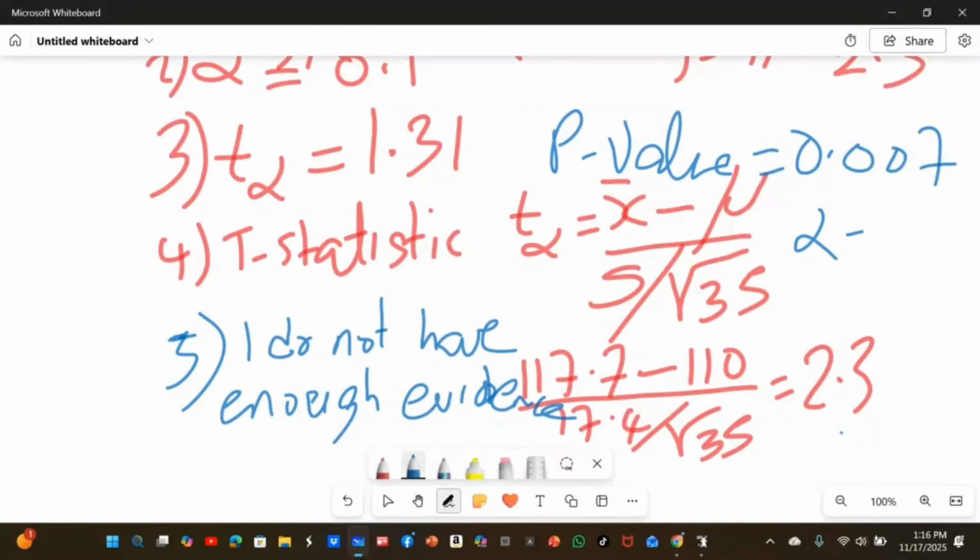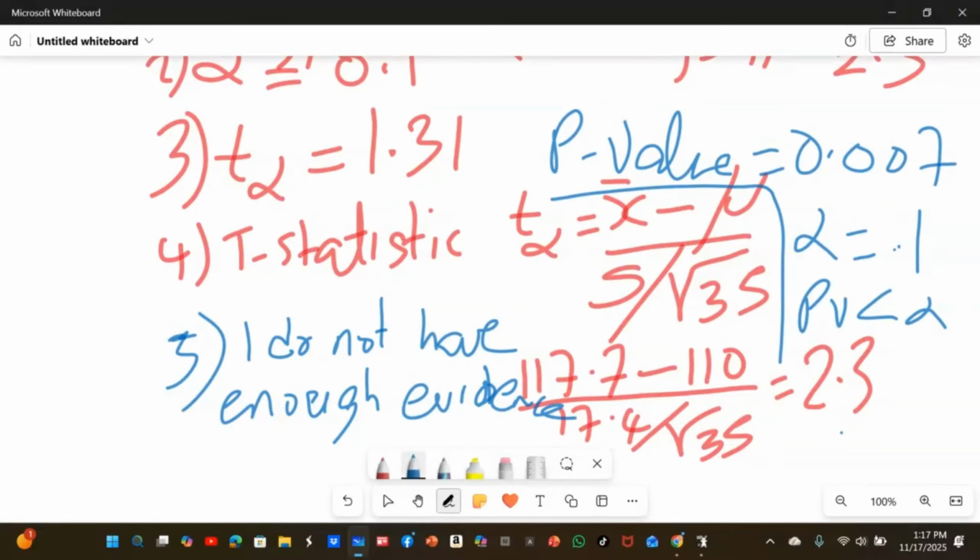Alpha is 10%, 0.1. Therefore, the p-value is less than alpha. So this is a candidate to reject; do not accept the null. So I do not have enough evidence to accept the null hypothesis.